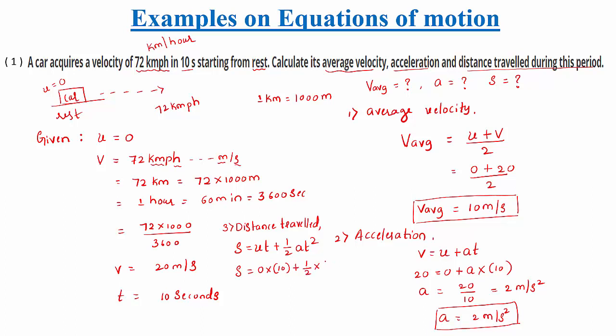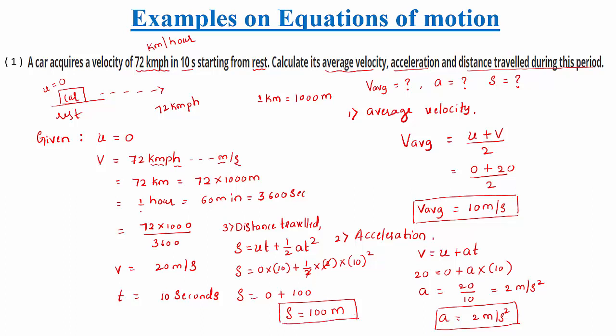Acceleration we got 2 meter per second square and time is 10 square. S equal to 0 into 10 will be 0 plus 2 will get cancelled. 10 square is 100. So distance traveled during this period is 100 and its SI unit is meter. So distance traveled in 10 seconds is 100 meter.